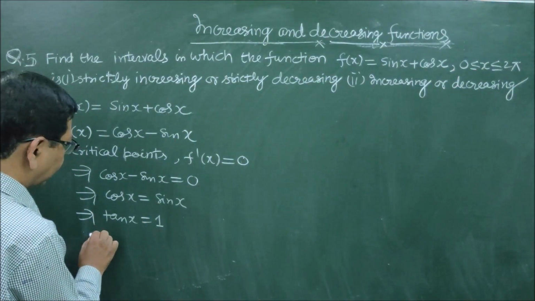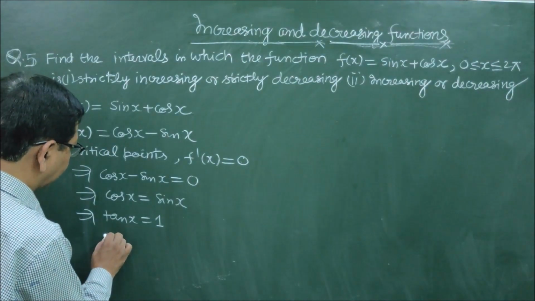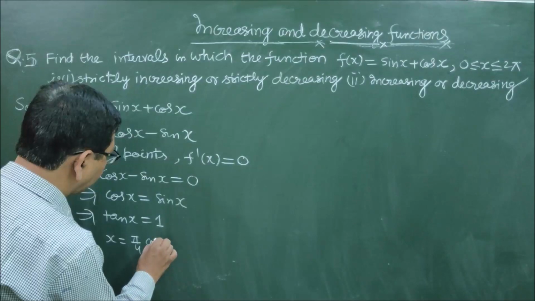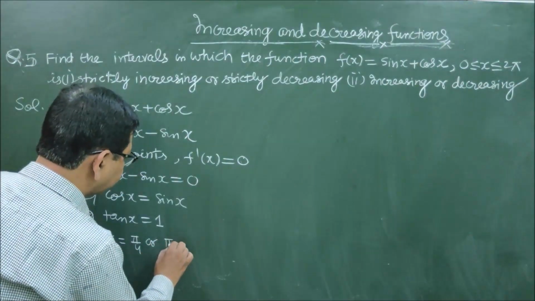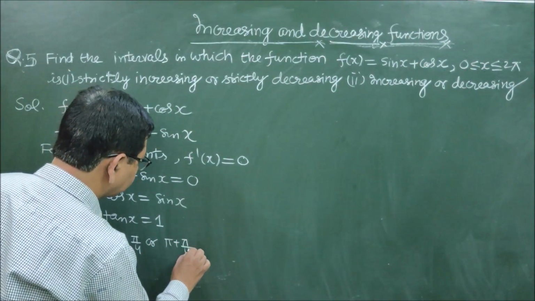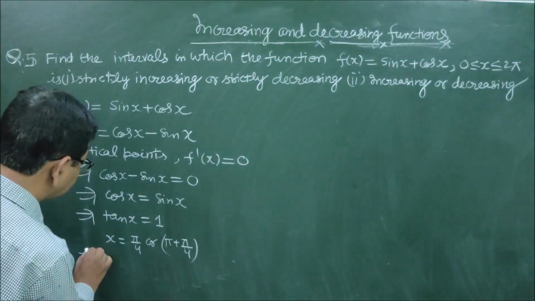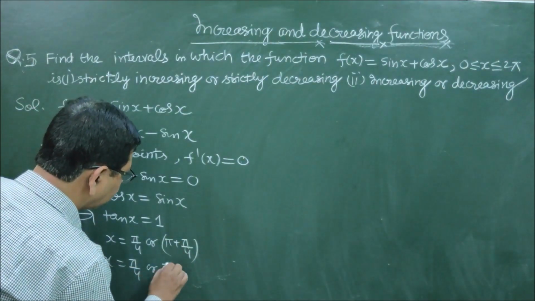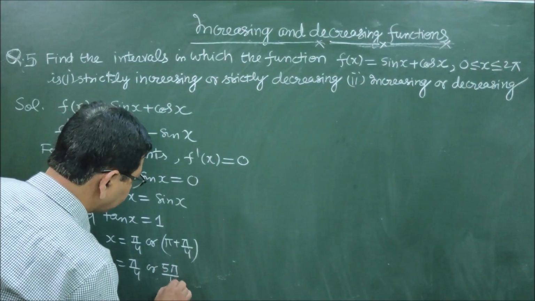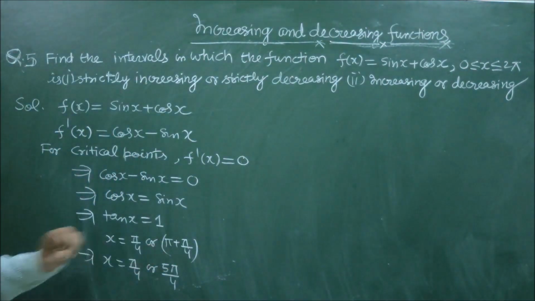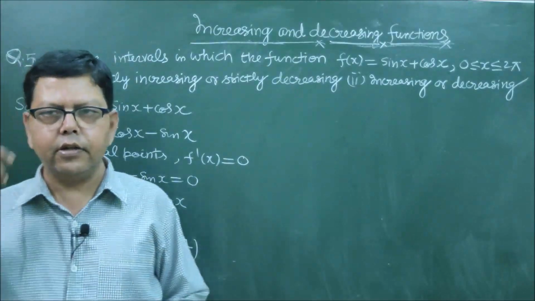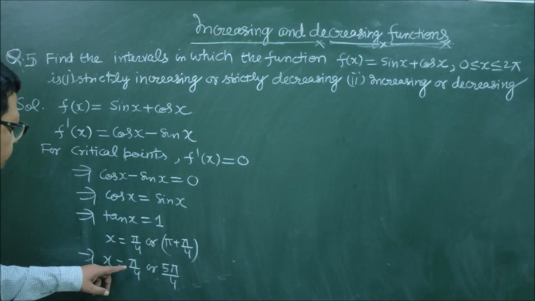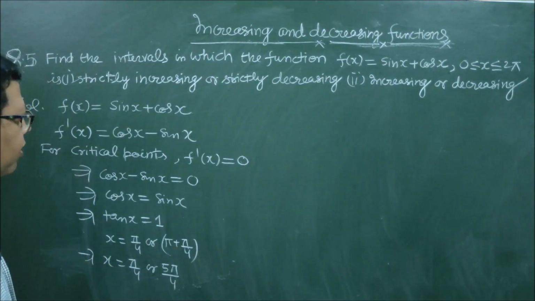And the angle which satisfies tan x = 1 is π/4 or π + π/4, that is x = π/4 or 5π/4, because in the third quadrant tan x is positive. So the critical points are π/4 and 5π/4.